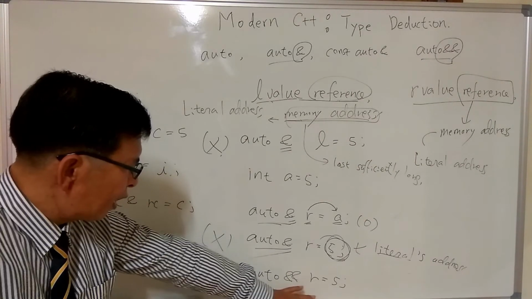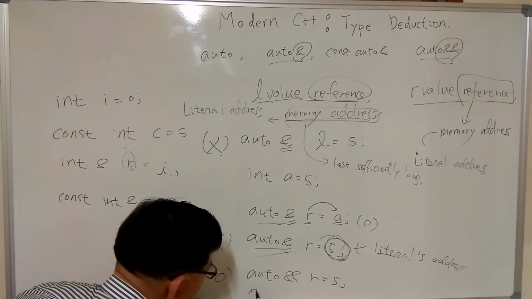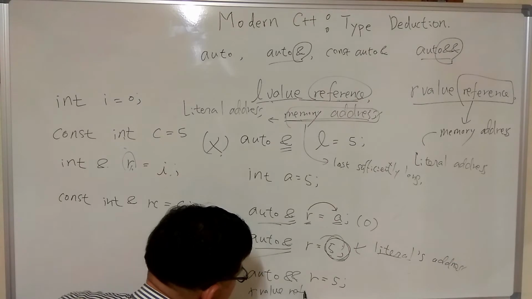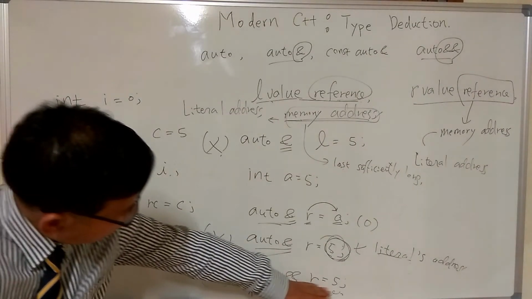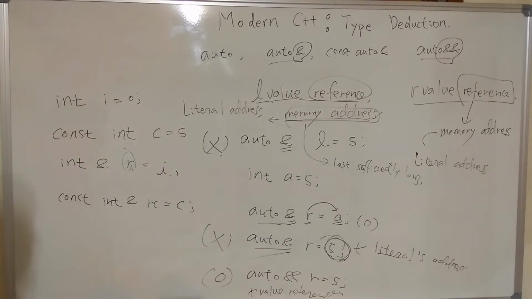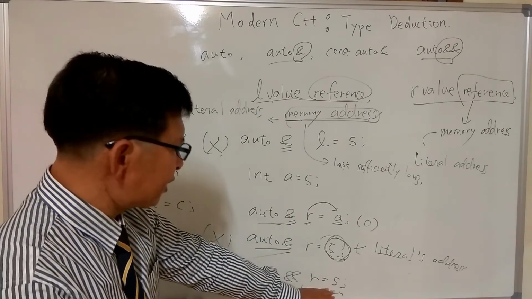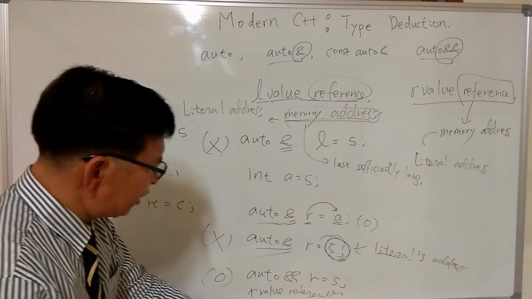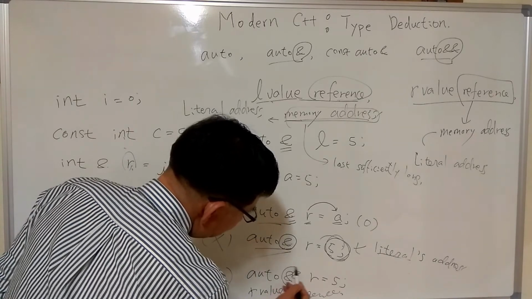This is called an R value reference. So this expression works. Basically, if you want to take the address of a variable or object, you use a reference.